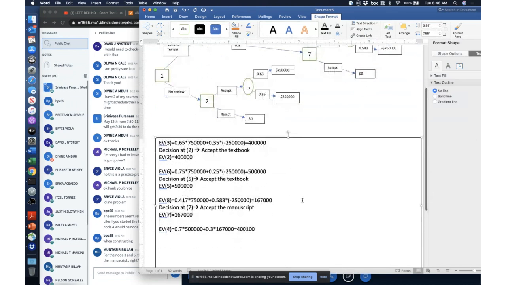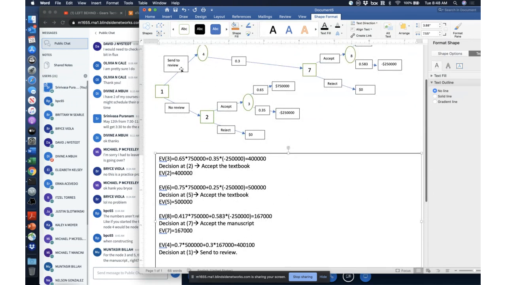So the decision at node 1 is to send to review. Why is the decision to send to review? Because if you send it to review, you get a payoff of $400,100. If you don't send it to a review, you get a payoff of $400,000.